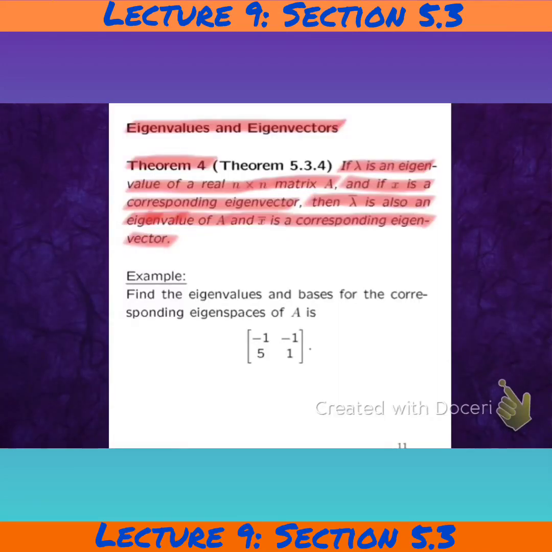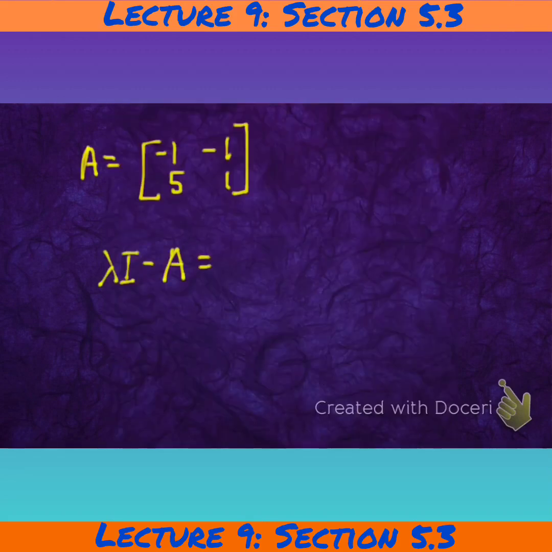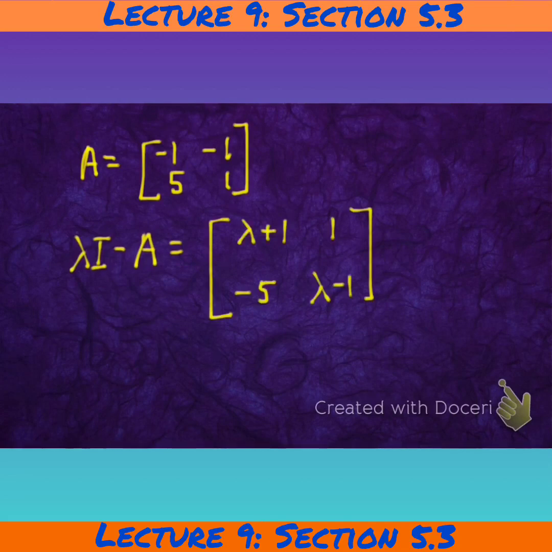Right, so again, this question just asks us to find the eigenvalues and the basis for the corresponding eigenspaces of A. So we first determine the eigenvalues of the matrix A. So there's my matrix A, and what I do is I set up this equation, and then I find the determinant of this matrix.